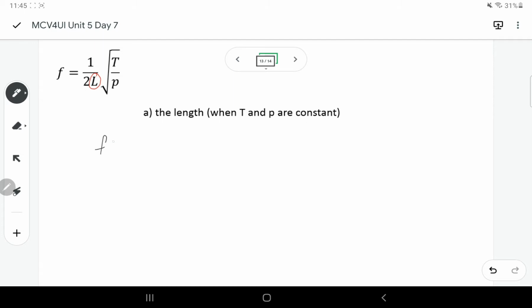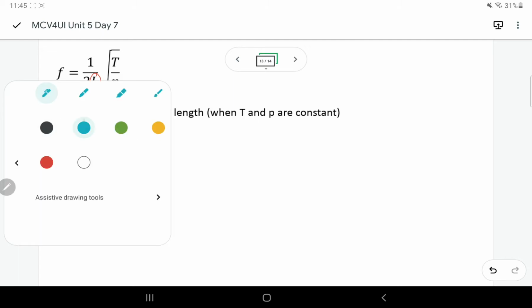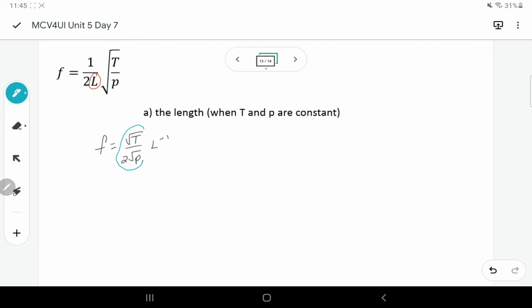So I'm going to have F equals root T over 2 root P times L to the negative 1. So this whole coefficient is all constant. It's big and messy, but it might as well just be a 7 because it's just a constant value.